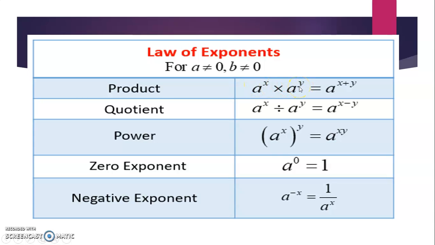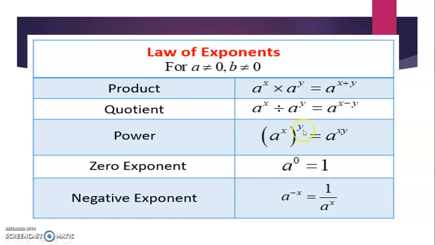So this is the product law where the bases are the same, so you have to add the exponents. This is the quotient law, or the division law, where the bases are the same, so you have to subtract the exponents. This is the power law where the base is one and there are two exponents for the same base.